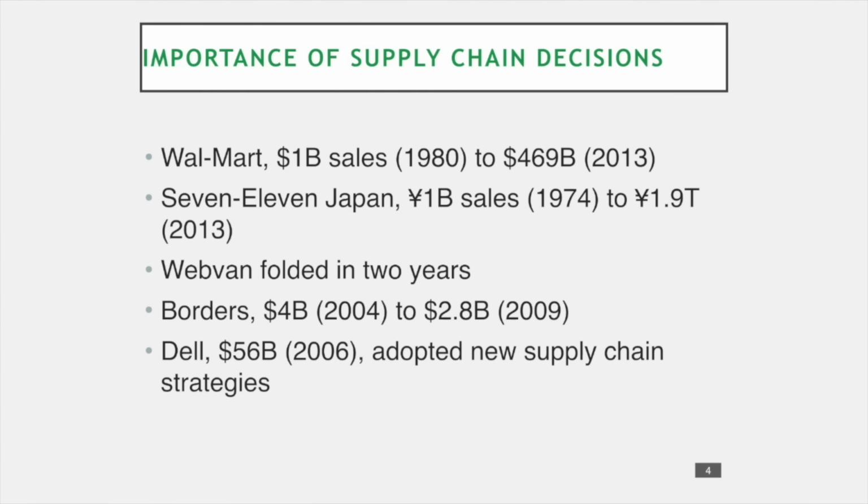One example of a company that failed to have an effective supply chain is Webvan. This company was basically an online business. In fact, they had their IPO in 1999, and within 2 years, which is 2001, they folded.